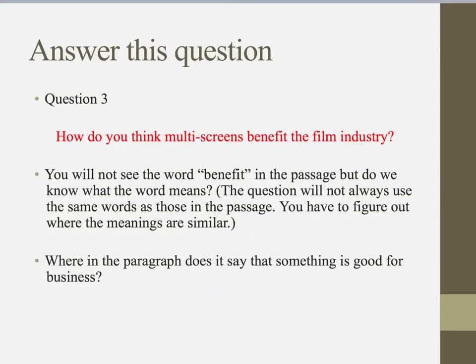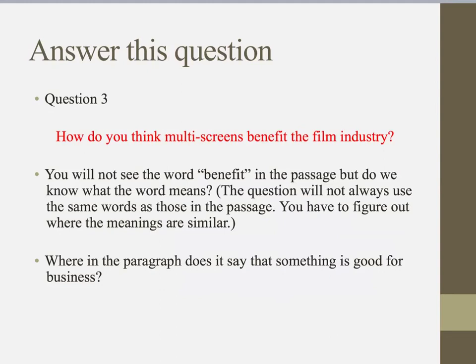Alright, so the question now is, how do you think multi-screens benefit the film industry? Now, you will not see the word benefit in the passage, but we should know what it means. And sometimes the question will not always use the same words as those in the passage. So you have to figure out the word benefit.